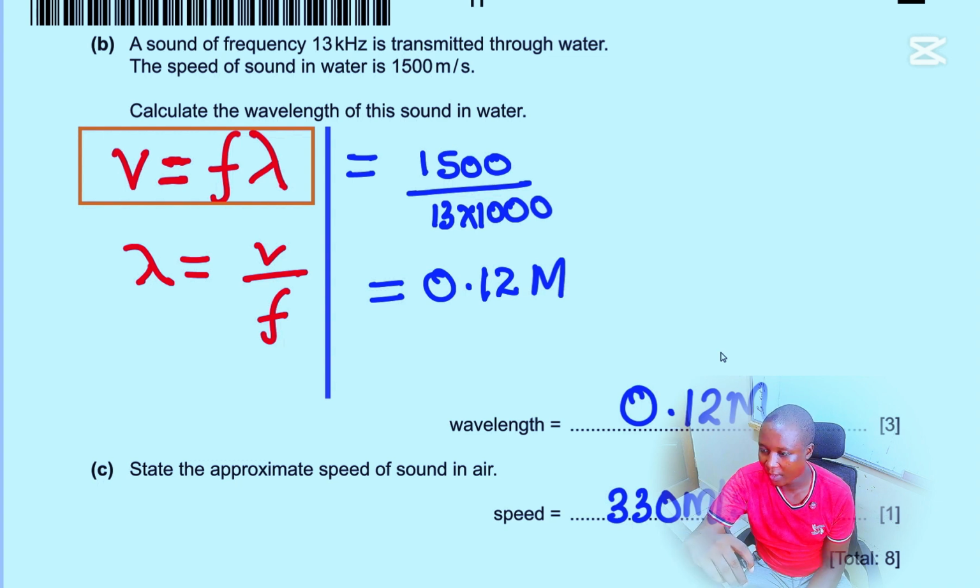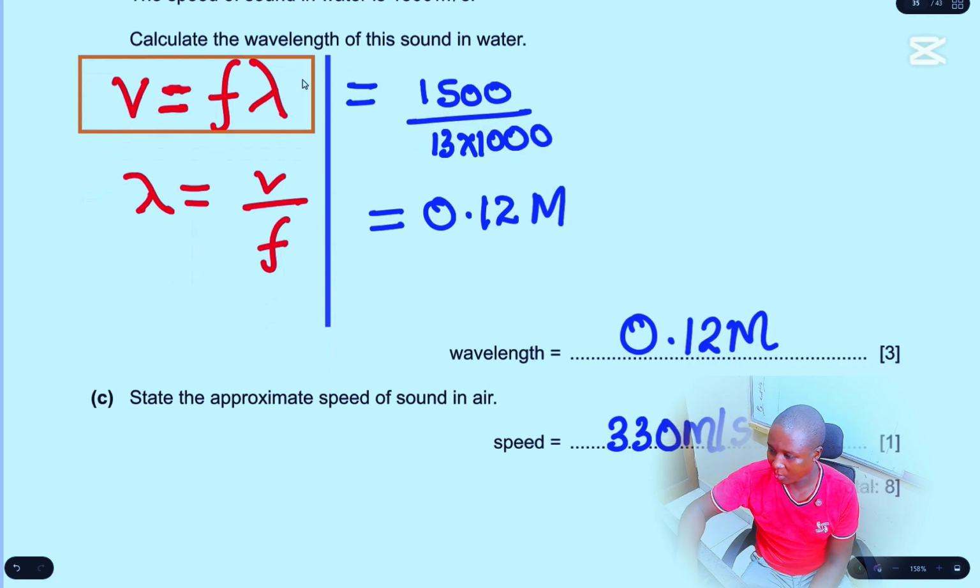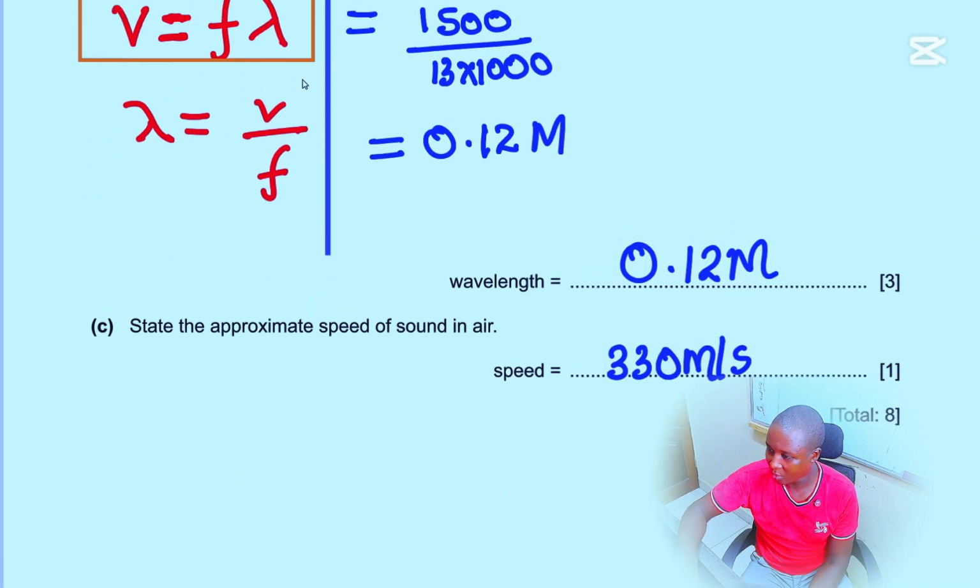Because we are given kilohertz here, you have to take 13 times 1000 to convert to hertz, so that we get our answer equivalent to 0.12 meters.